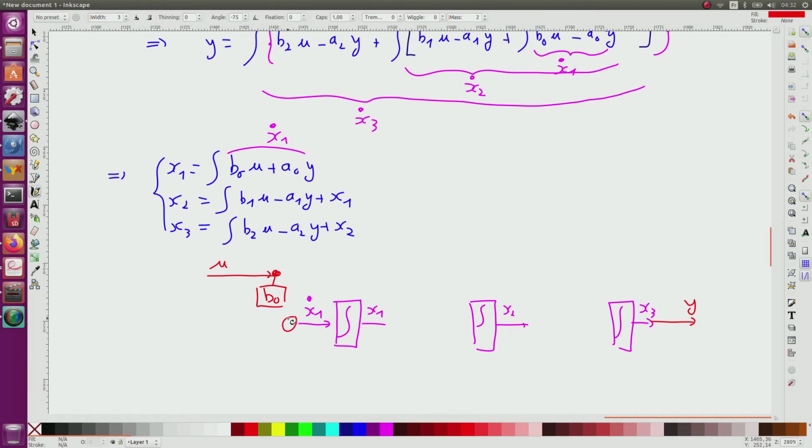I put an adder here, minus a0, excuse me, here I have a minus, y.